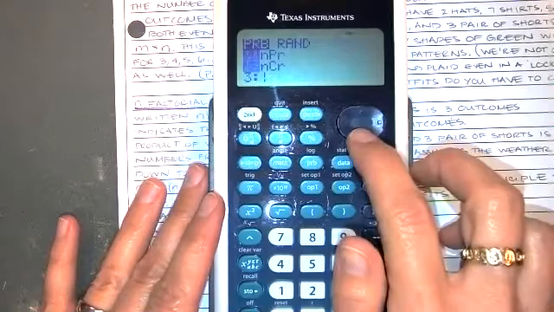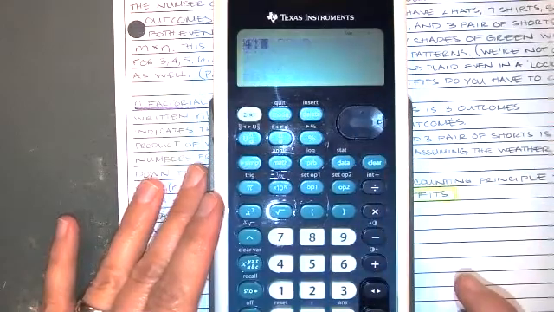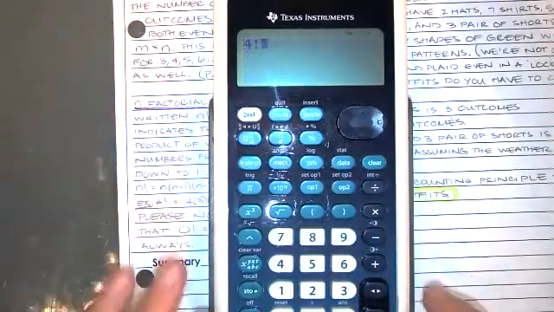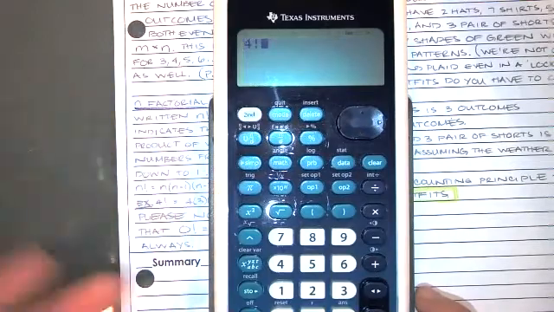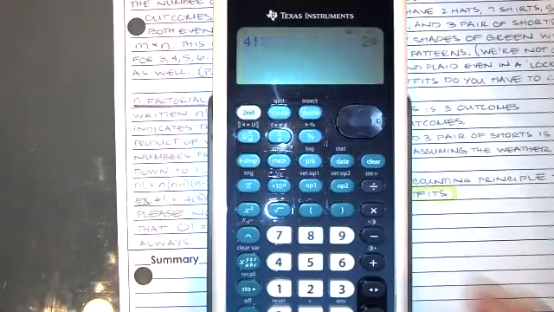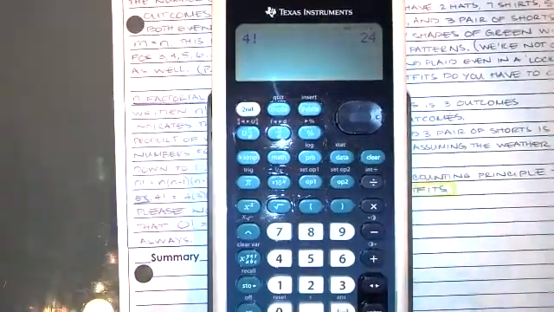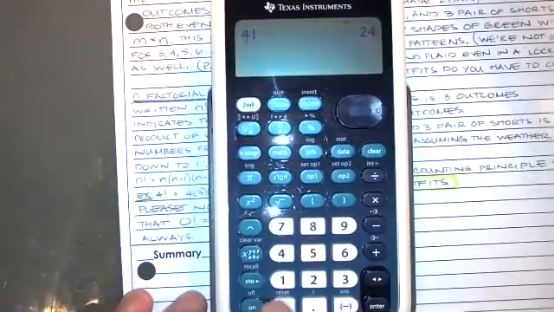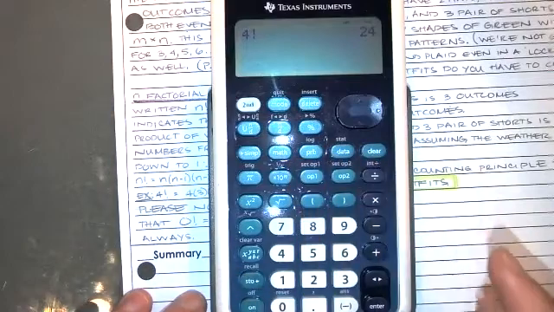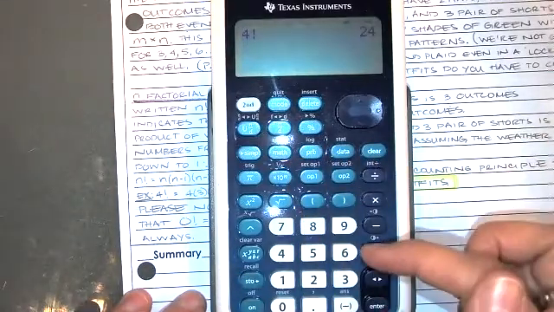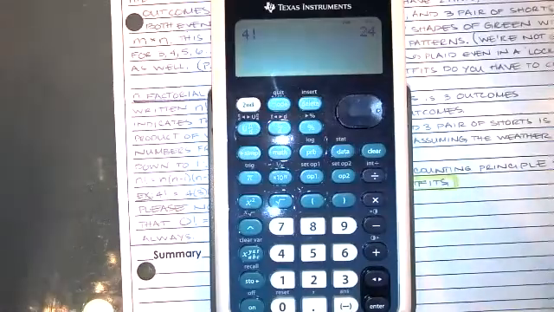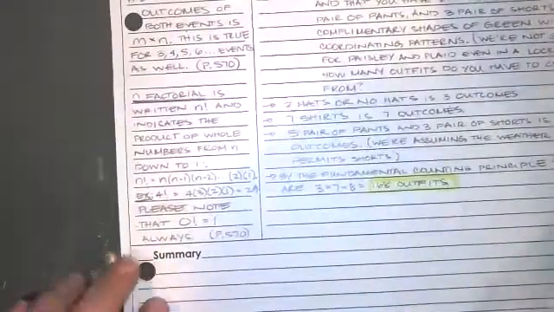It's the 3rd option you can see. So I had typed in 4 already. I chose the 3rd option for the exclamation point, and that gave me 24. You maybe don't have the same calculator, but there should be either probability or just an exclamation point as one of the secondary options.